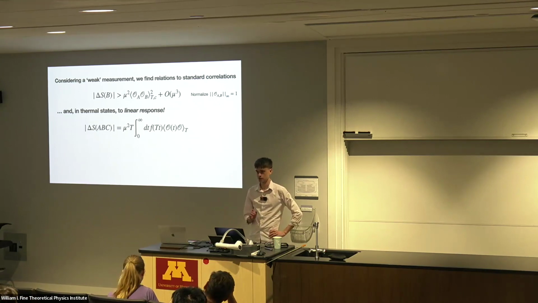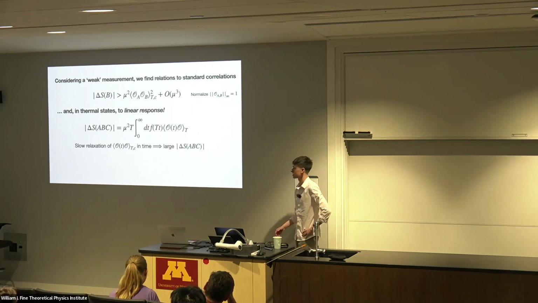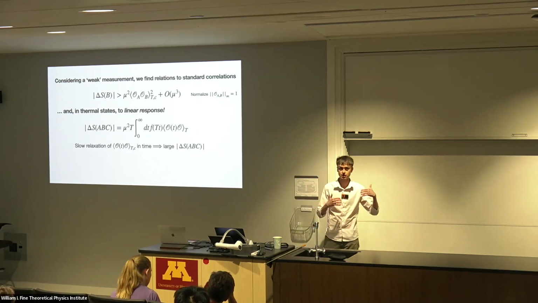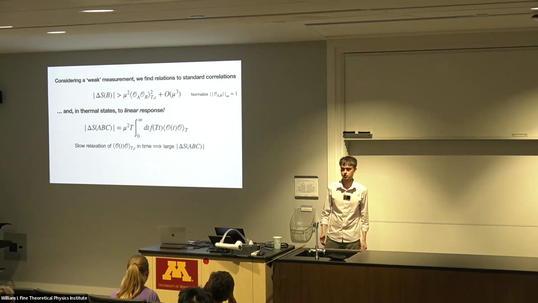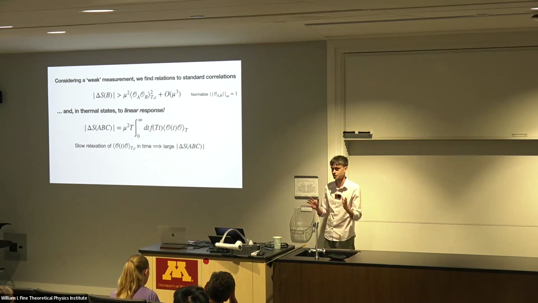Any other questions here? Loosely, what's the direction it goes in? Like the faster it dissipates, is it that the entropy decrease is larger? Yes, right. If you measure an observable that relaxes slowly in time, then you get a large change in the entropy. A simple example: imagine a thermal state of a magnet in its ordered phase.